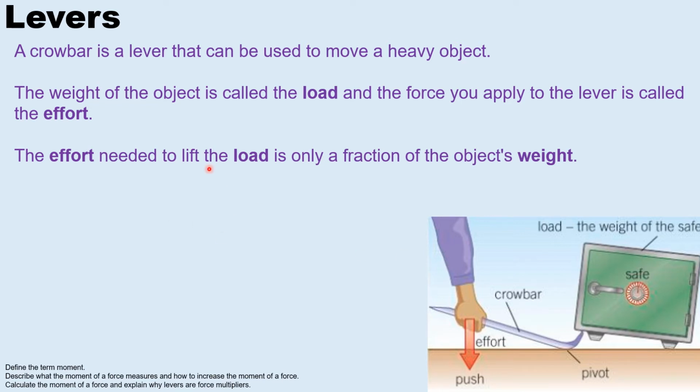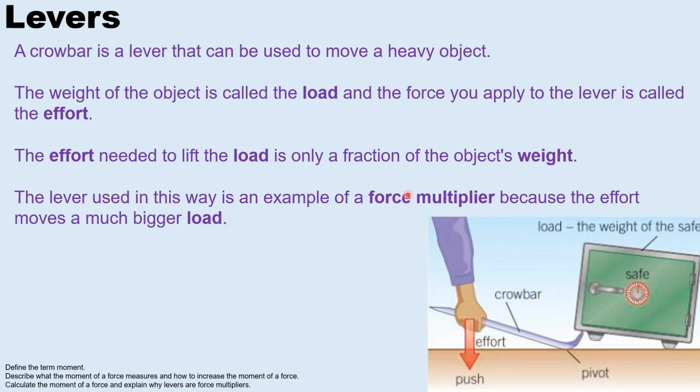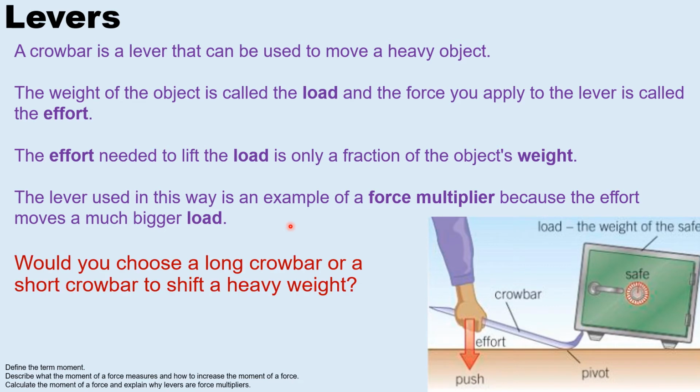The effort needed to lift the load is only a fraction of the object's weight. The lever used in this way is an example of a force multiplier. That's another keyword, because the effort moves a much bigger load. Now, do you think you would choose a long crowbar or a short crowbar to lift a heavy weight such as this safe, and why?